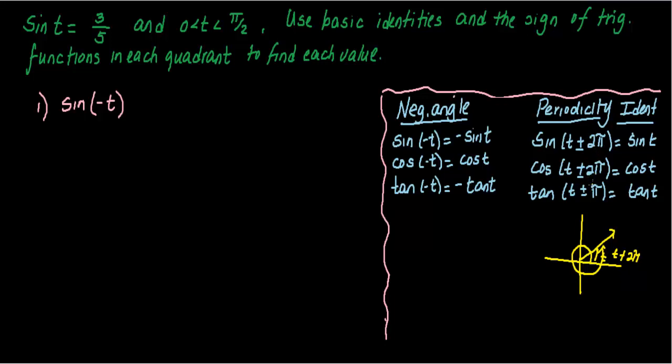For tangent, it is true for 2 pi, but with tangent, it'll also work for half a turn. Instead of going around the whole way, I can go around half. Let's say this is my angle T, and I go around T plus pi, which brings me over here.